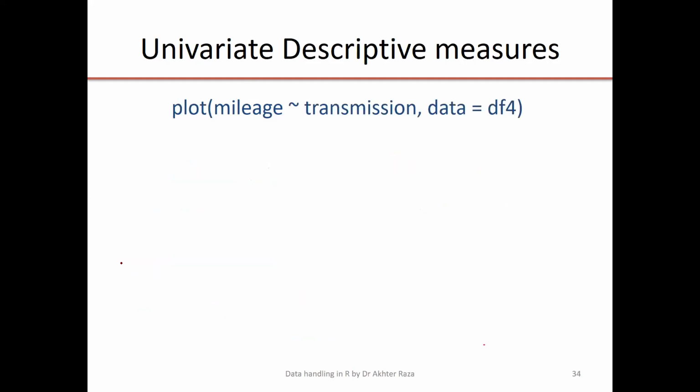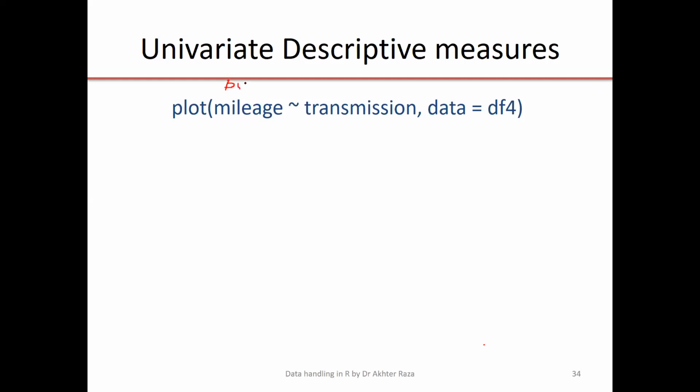Now, what does this command do? This command will plot the mileage with the transmission from data frame 4. So mileage is a quantitative variable, transmission is a qualitative variable, and this sign, which is the tilde sign, is used to differentiate between a dependent variable and an independent variable.